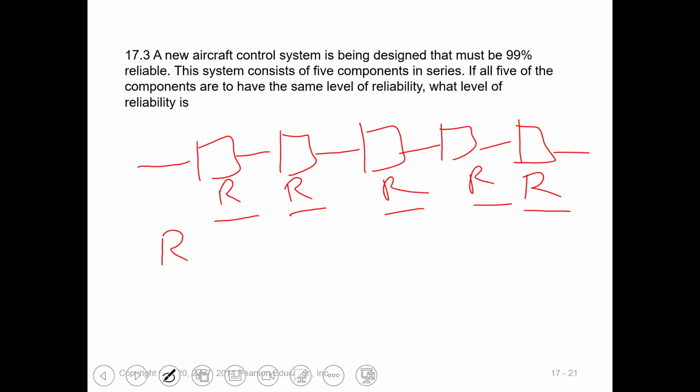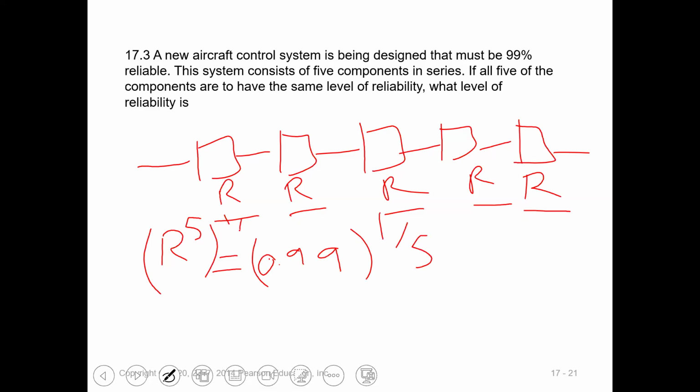So they are equal. So that means R to the power 5 is equal to 0.99. Since I have 0.99, I raise both sides to the power of 1 over 5.